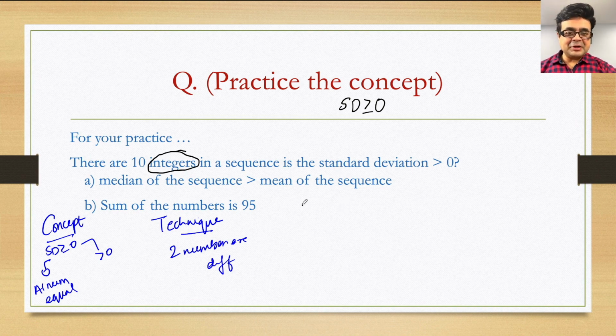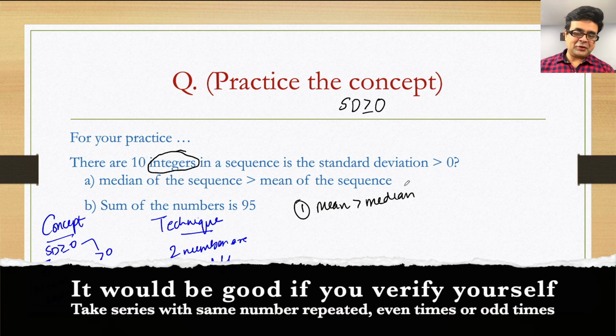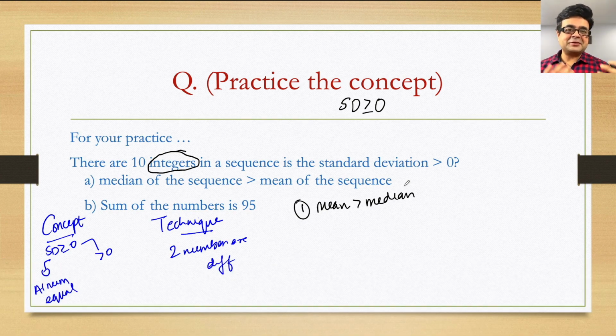Okay, so we are given 10 integers and we are asked if the standard deviation is greater than 0. As expected, in statement number 1, we are given that the mean of the sequence is greater than the median of the sequence. If all numbers are equal, right, 5 5 5 5 5, the mean and the median will also be equal, whether there is an even number of elements or an odd number of elements, and you can quickly check that. Right here I am given that the mean is different from the median.